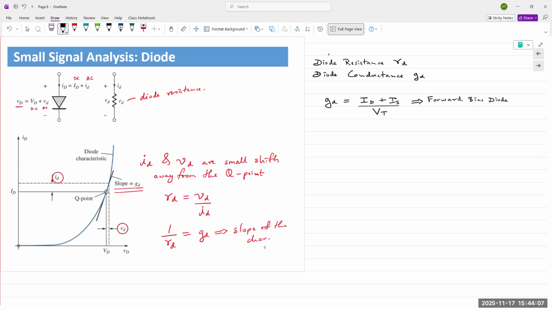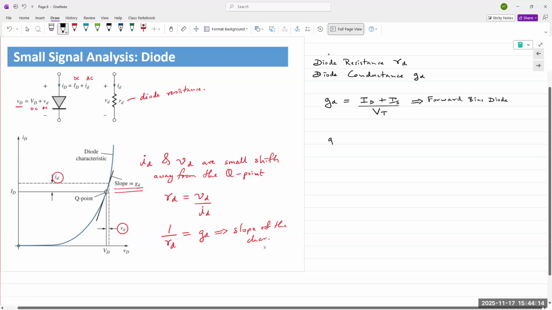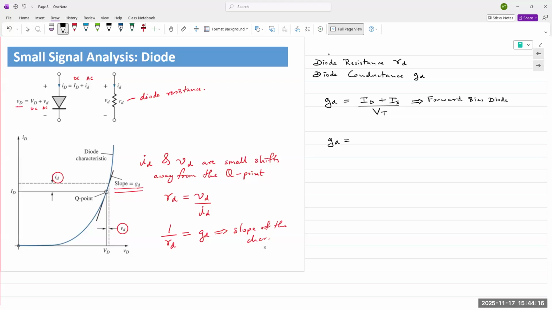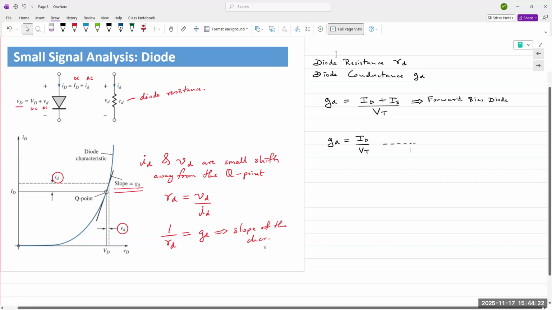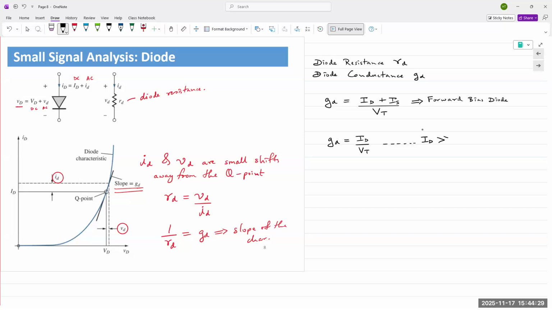Of course, ID is far, far greater than IS. So we can write approximately GD is equal to ID over VT.